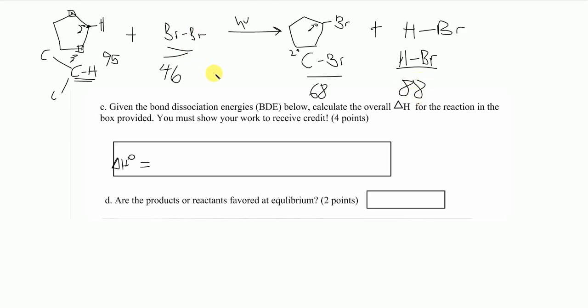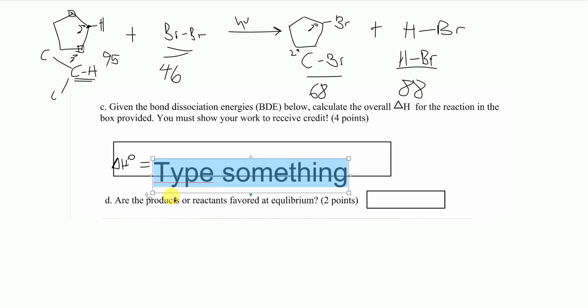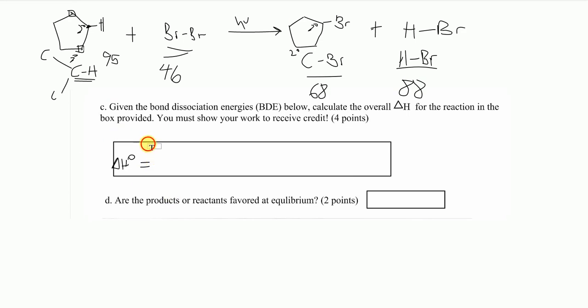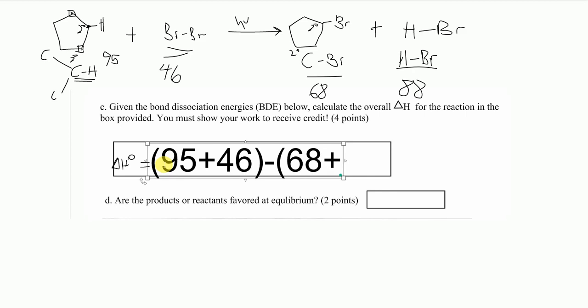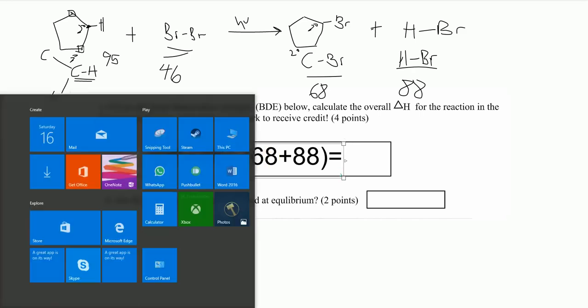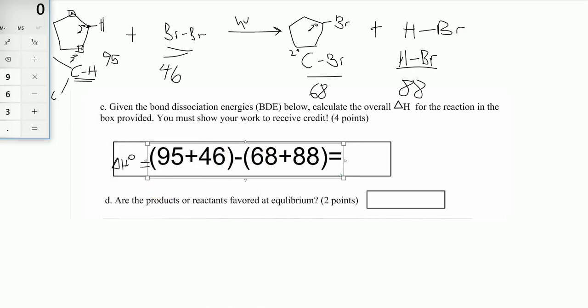All right, so all we have to do is, it's going to be the energy of the bonds of the reactants minus the bonds of the products. So 95 plus 46 minus 68 plus 88. And then we have to calculate this, and I don't feel like calculating this in my head. You will have to though, because no calculators are given on the exam.